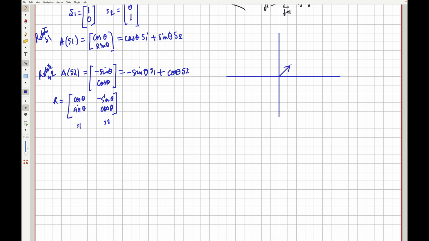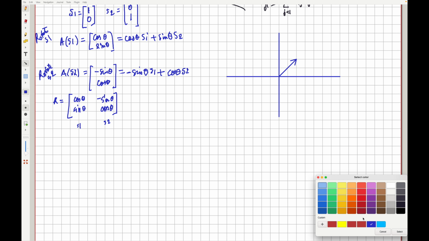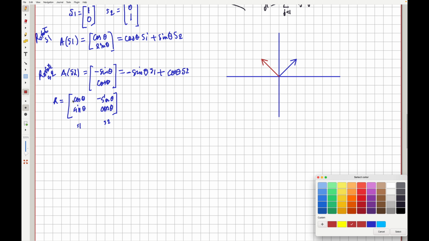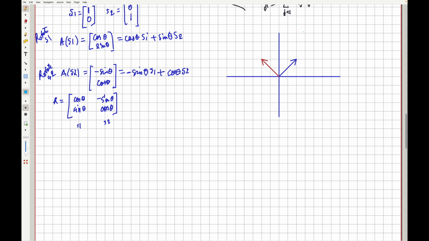Let's say our arrow is (1, 1), and we would like to see how our transformation matrix A that we just created can help us rotate it 90 degrees to this position right there. Let's say this is 1, this is again 1, and so this is going to be minus 1. This is the 90-degree rotation via this particular matrix that we have.